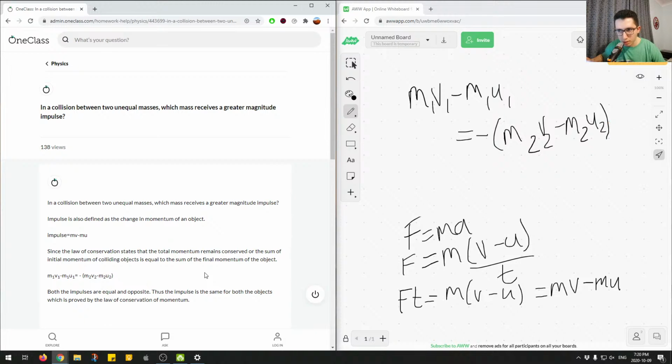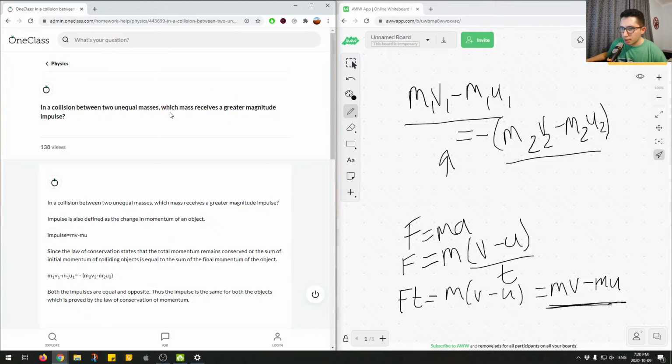So both the impulses are equal and opposite. Therefore, we know that there's a conservation of momentum. We used this equation and applied it to two objects. This component is equivalent to this component because of the conservation of momentum, and this equation represents that.